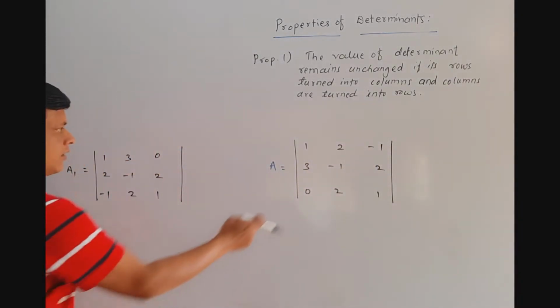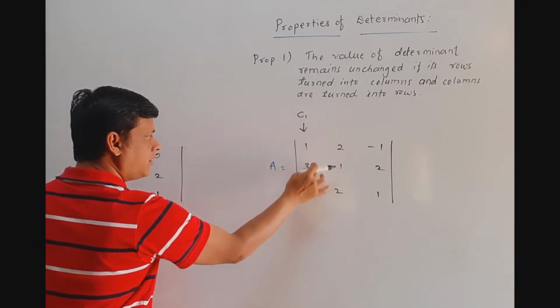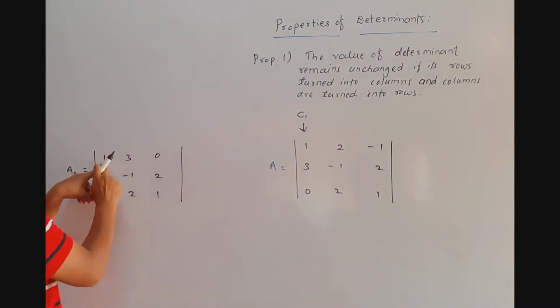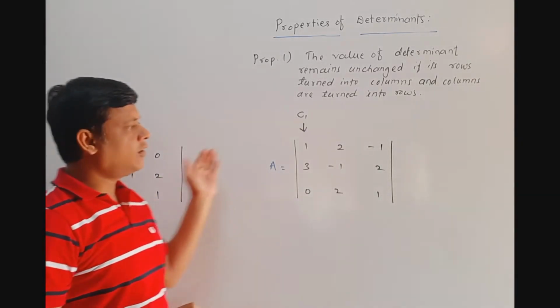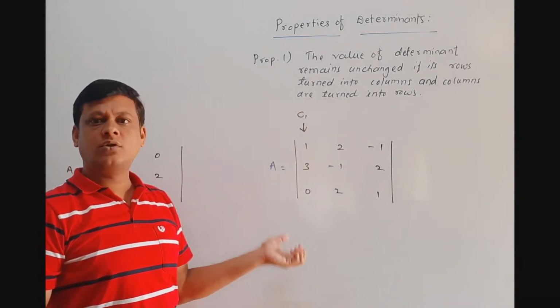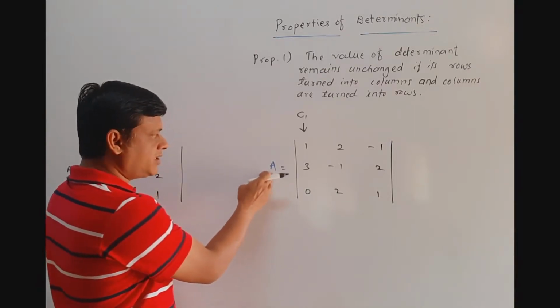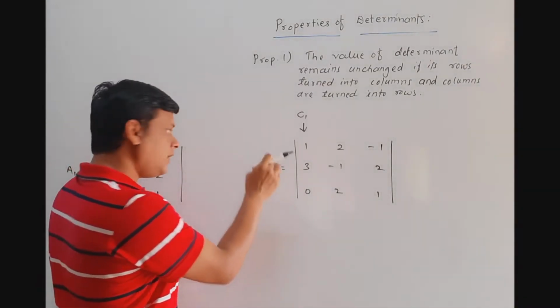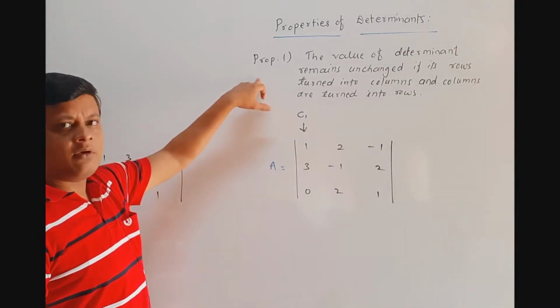Here see, elements of first column are 1, 3, 0, that change to first row. That means if we turn rows into columns, indirectly the elements of column turn to row elements. So if we calculate the value of determinant A and the value of determinant A1, that must be same by this property 1.